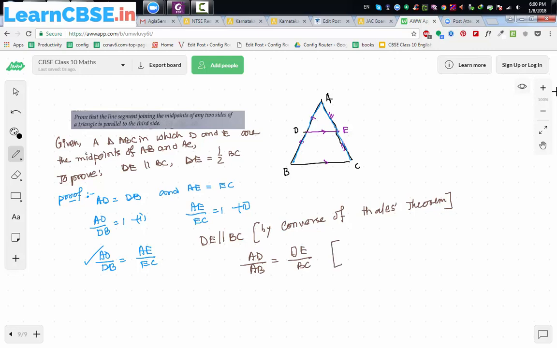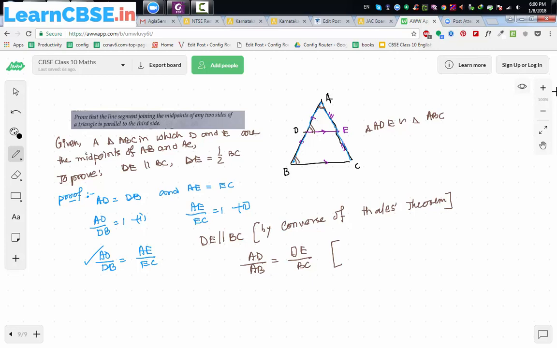Two similar triangles have proportional sides. The angles are equal and this is a common angle, so triangle ADE will be similar to triangle ABC. So we can write AD by AB equals DE by BC.